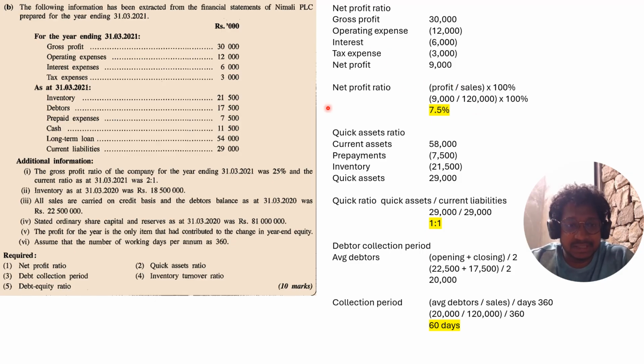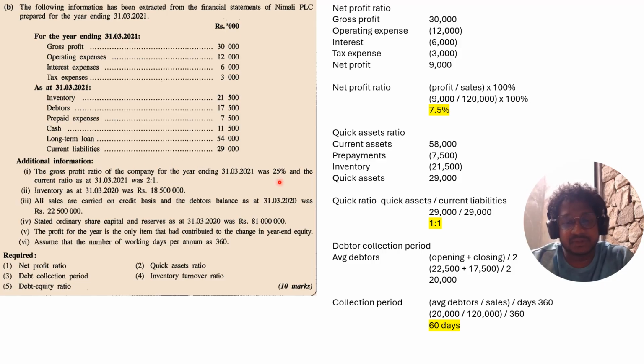And the sales, here it's given in the additional information, the gross profit ratio of the company is 25%. So the gross profit is given 30,000. So getting that gross profit and the gross profit ratio, then you can find out sales. Why? The gross profit ratio means the gross profit based on sales.